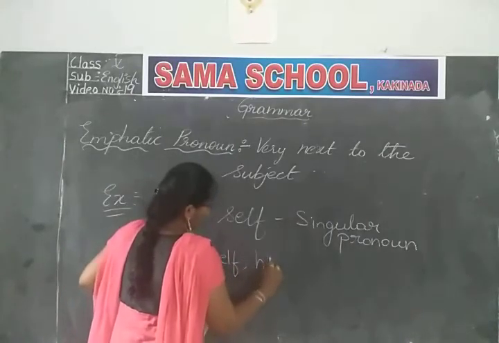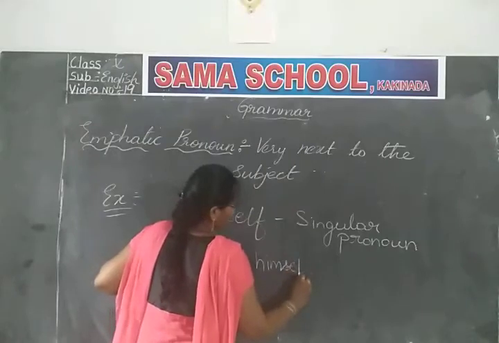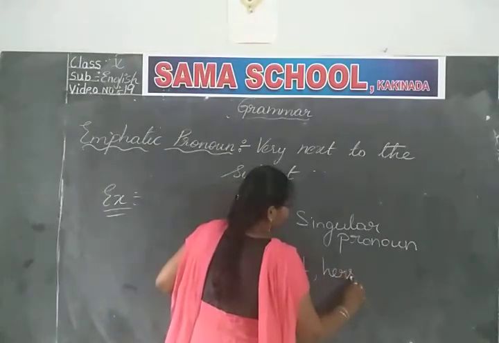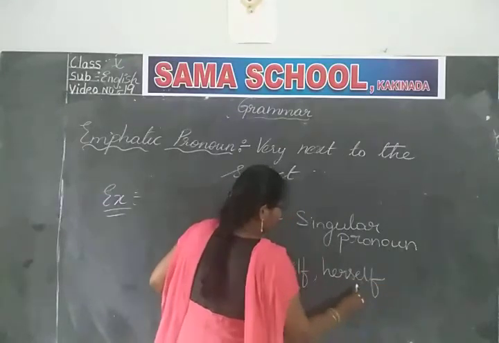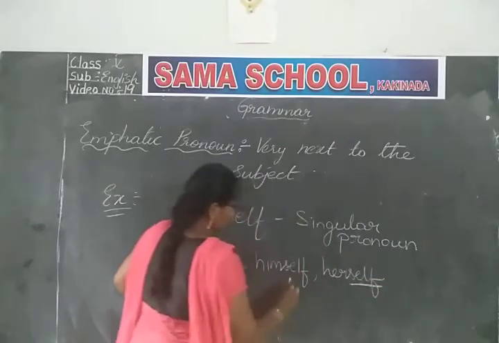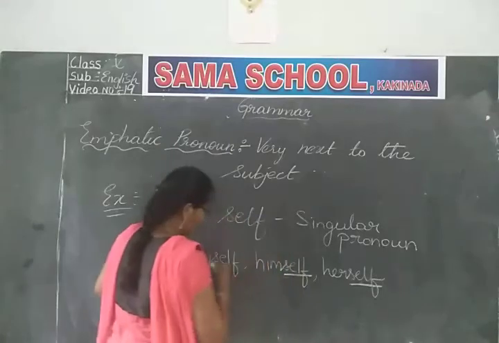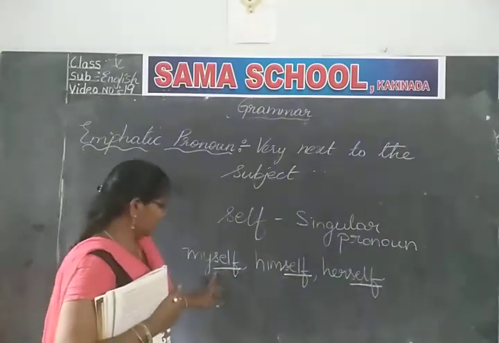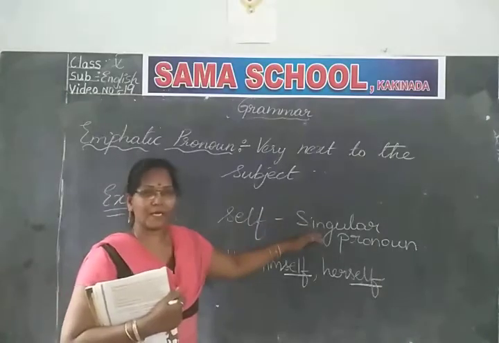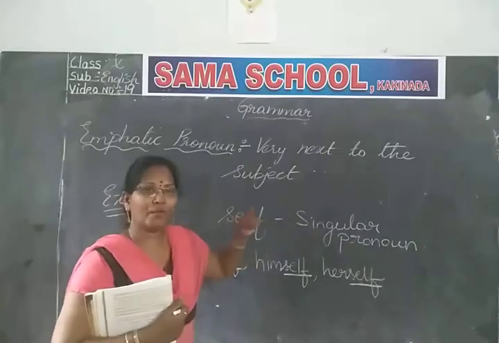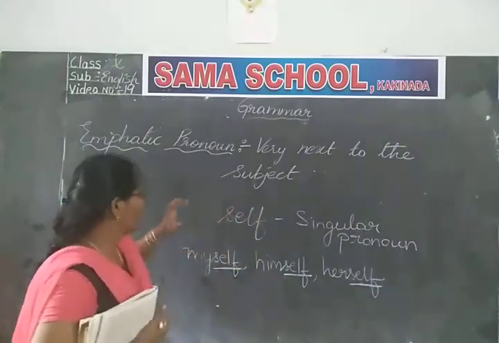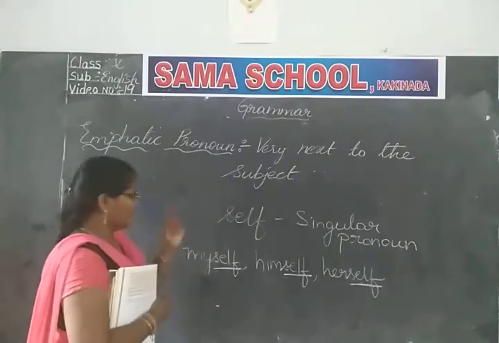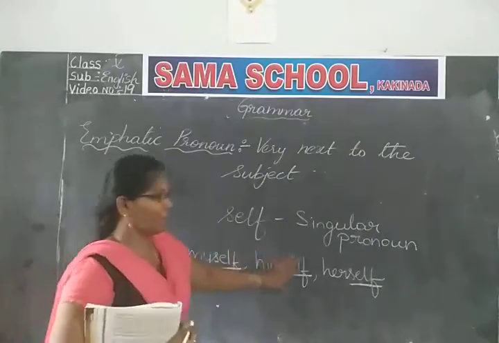Him plus self, himself. Her plus self, herself. Like this, you will be having the word SELF. That indicates we are talking about only one person. The subject is singular. Wherever the subject is singular, there we use these self words.